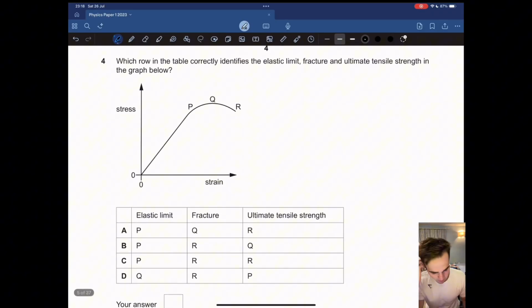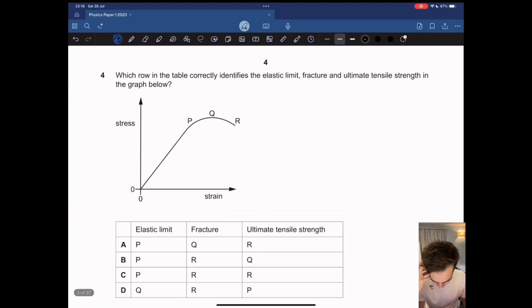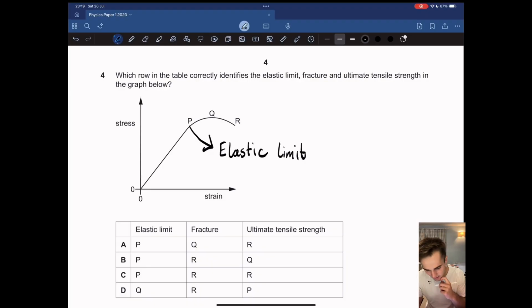So moving on, question 4 is a stress strain graph, describing the behavior of a material under load. Which row in the table correctly identifies the elastic limit, fracture, and ultimate tensile strength in the graph below? So we know that P is our elastic limit. When a material behaves elastically, its stress to strain ratio is proportional, and anything after that is plastic behavior.